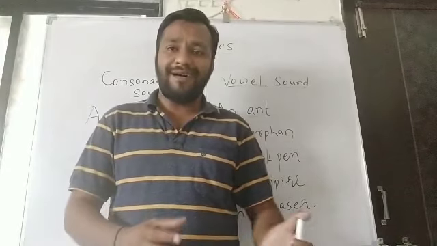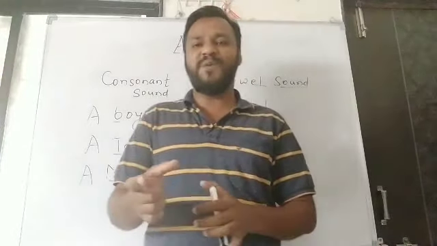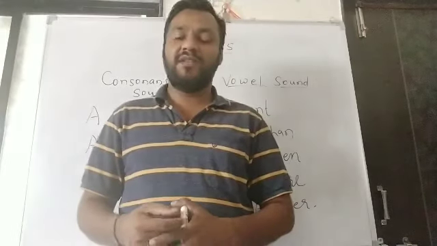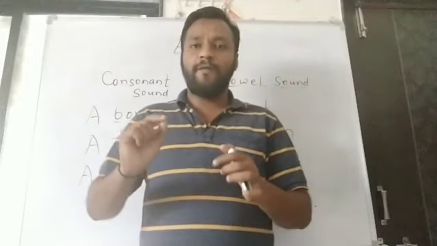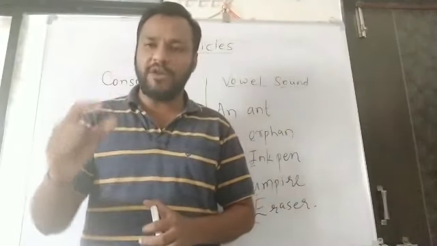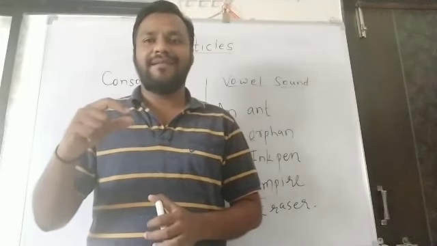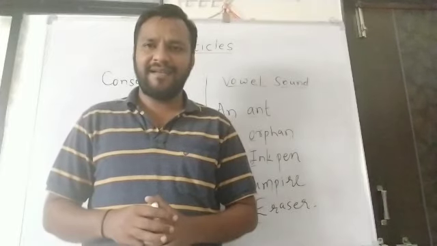Gold, uncountable. Uncountable does not mean the things which we cannot count. Uncountable nouns also can be counted, but for counting them we need a particular unit like kilogram, liter, gram, etc. Whatever unit is there, isn't it?